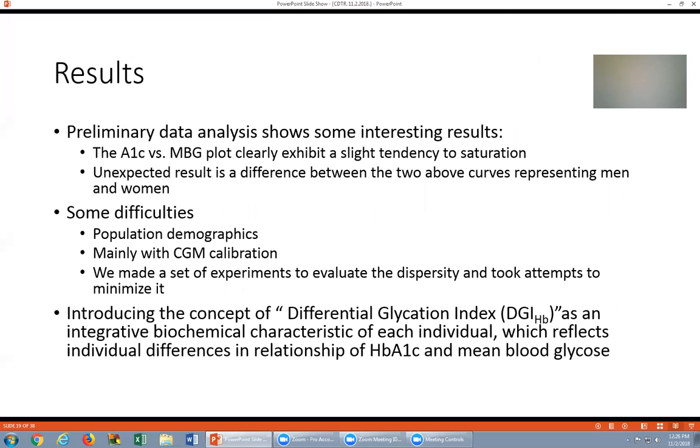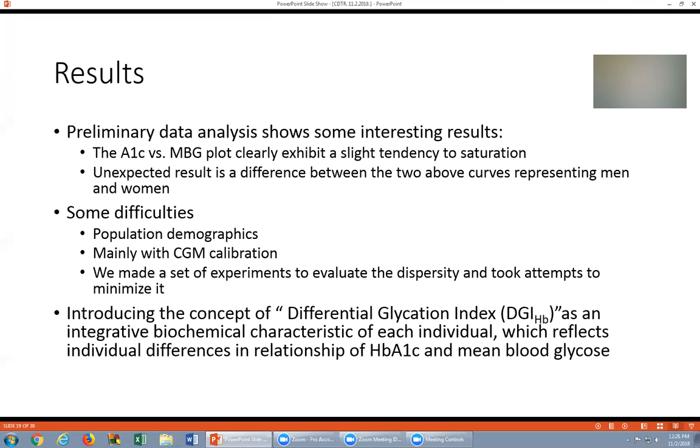And what we found, we are now looking at the preliminary data from this, is that if you look at A1c versus the mean blood glucose, there is a little bit of a tendency towards saturation, which basically means it's not a graph that keeps going on and on and on.